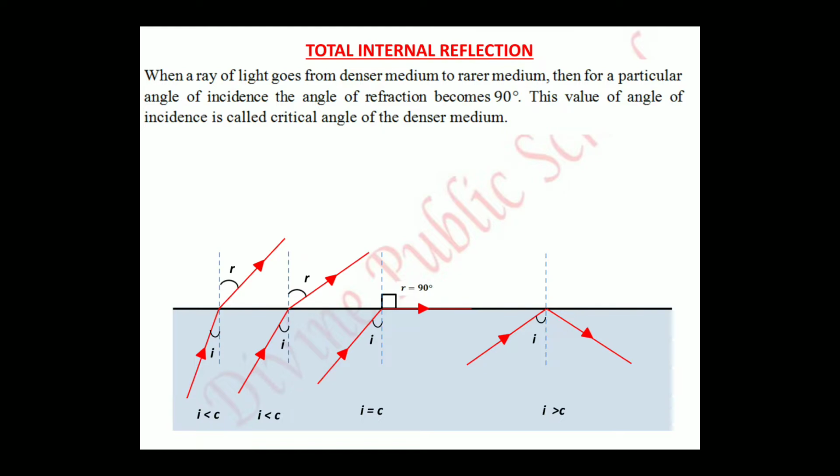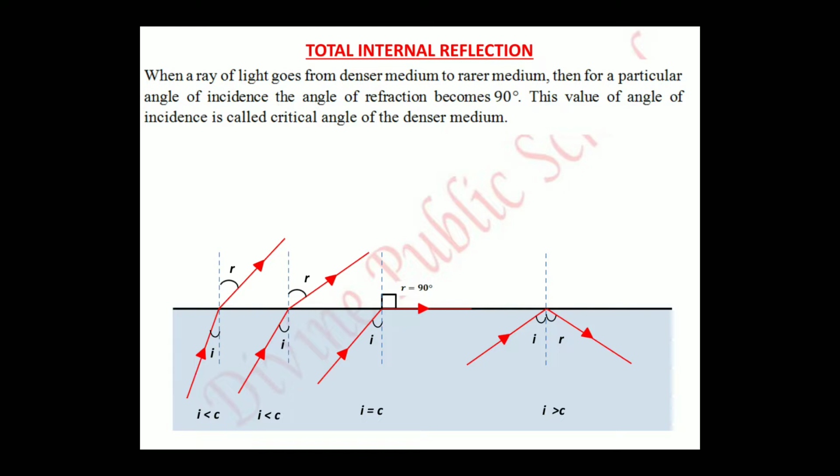And here the law of reflection will be followed, so i is equal to r. So when a ray of light goes from denser medium to rarer medium at an angle greater than the critical angle, the ray is totally reflected back in the denser medium. This phenomenon is called total internal reflection.